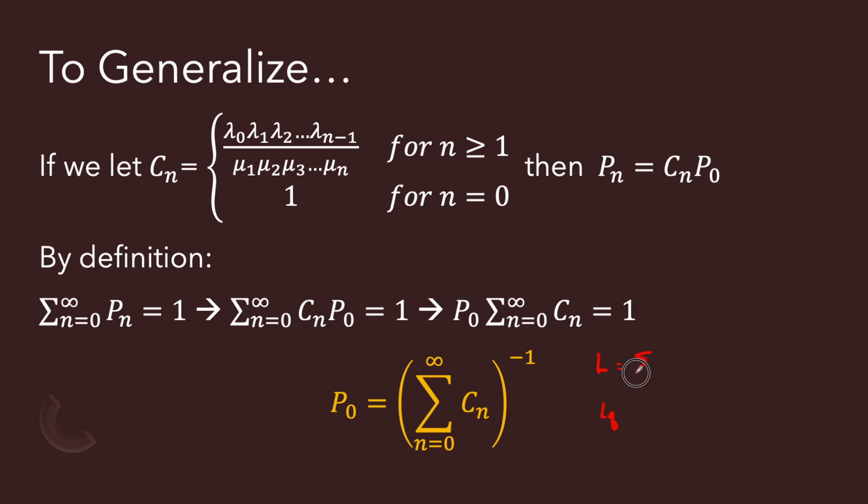Because remember, L is just the summation of n P sub n from n equals 0 to infinity, and LQ is equal to the summation from n equals s to infinity of n minus s times P sub n. So once we have P sub n, we can get either L or LQ. And because of Little's formula, after getting, for example, L, we are now able to get the rest, the rest being our W, WQ, and of course LQ.